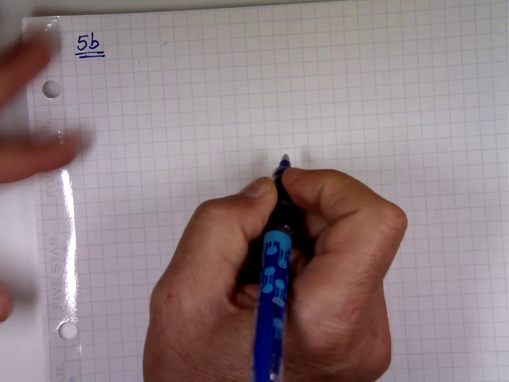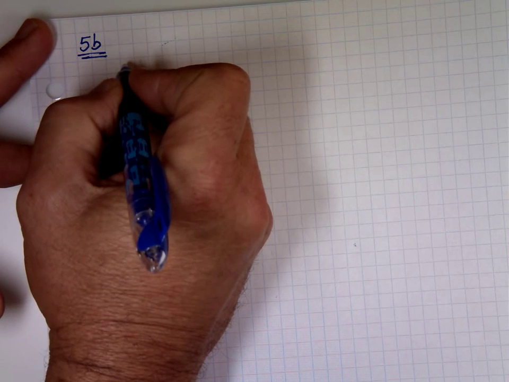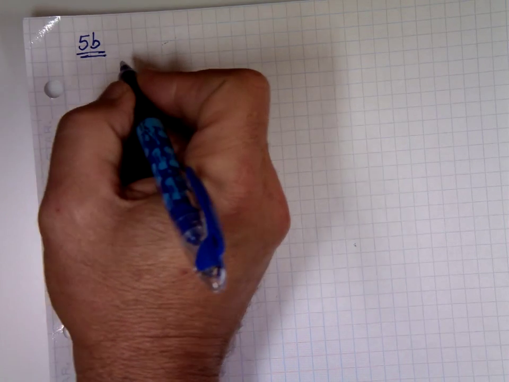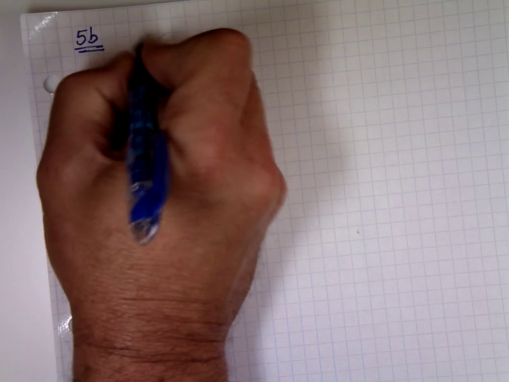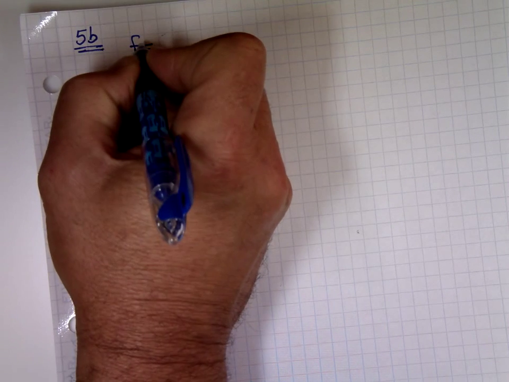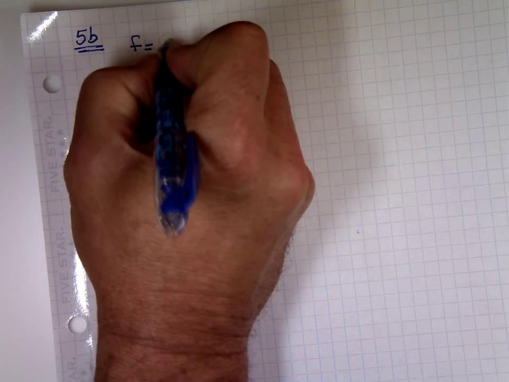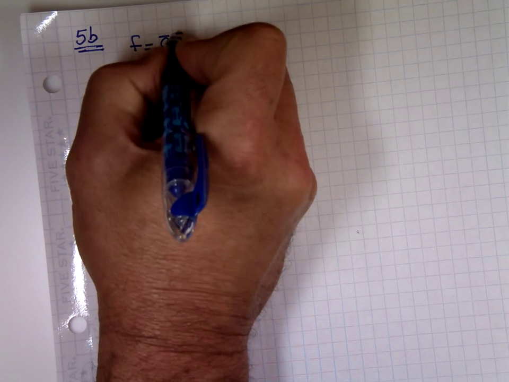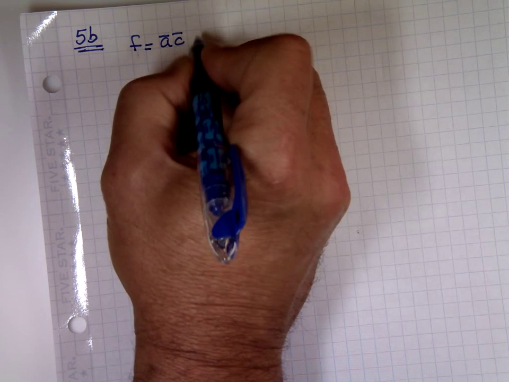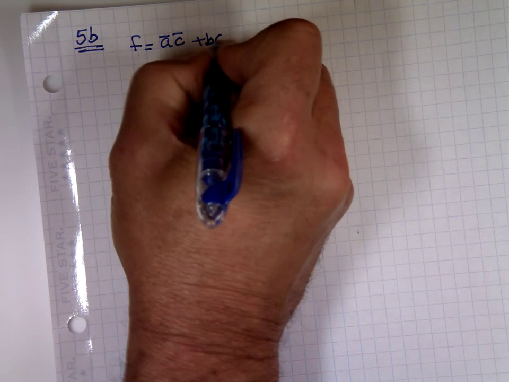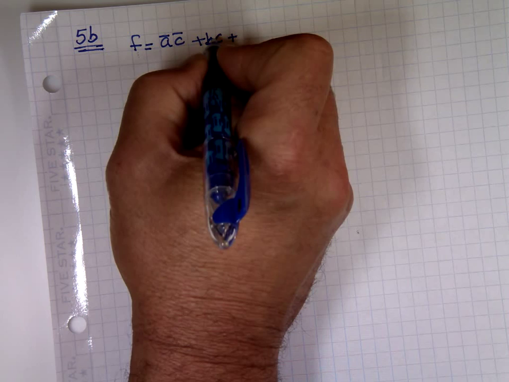Here we go. I have F equals A bar C bar plus BC plus AB bar.